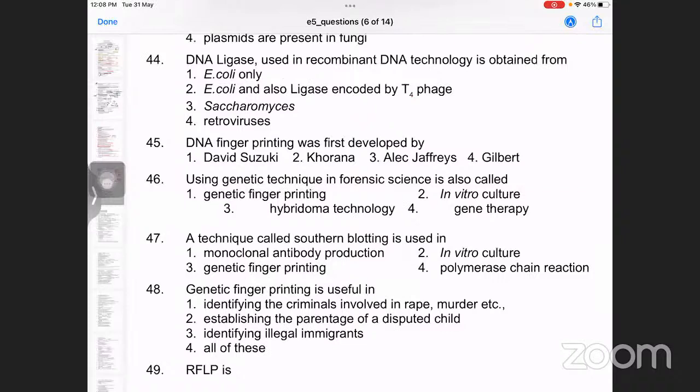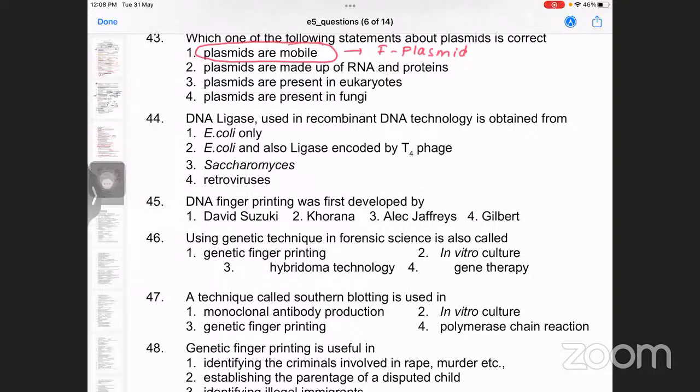DNA ligase used in recombinant DNA technology is obtained from E. coli, or ligase encoded by T4 bacteriophage.